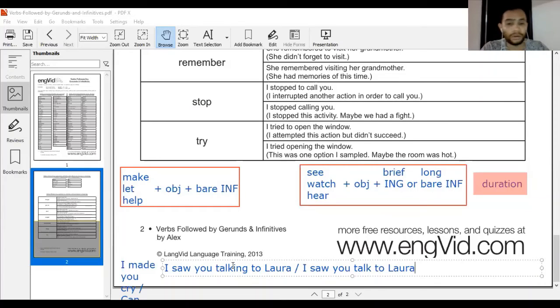I saw you talking to Laura and I saw you talk to Laura, right? Take a look. These are the two examples that we have right here.